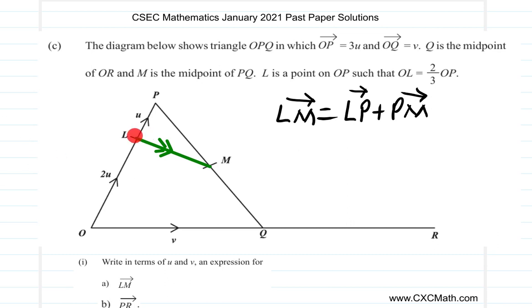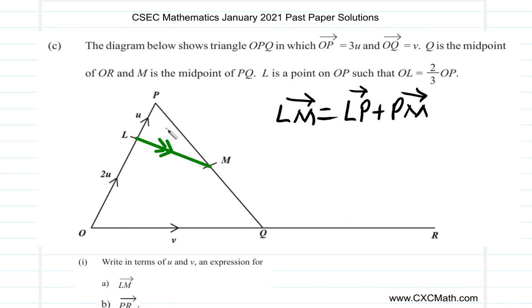You can go from L directly to M. Right? But if the road is blocked, take an alternate route. Go from L to P, then P to M. Alright? See that?